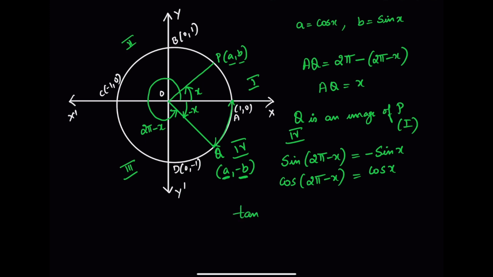Now tan of 2 pi minus x would be sine of 2 pi minus x divided by cos of 2 pi minus x, which is minus tan x, because one of the values is negative. In this case, it is sine. So this is how we can find trigonometric functions at 2 pi minus x.